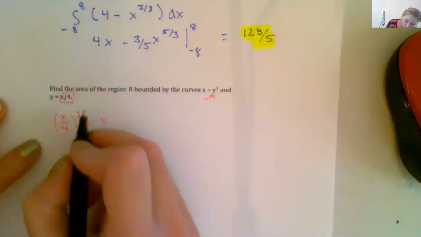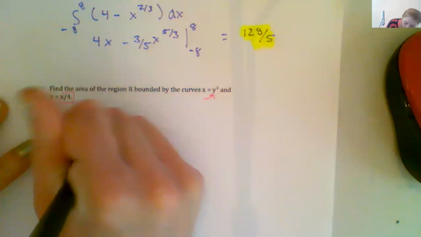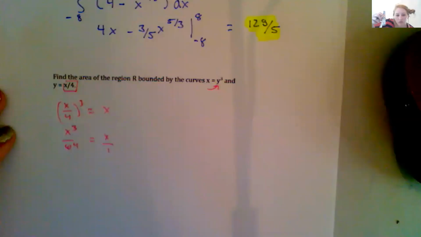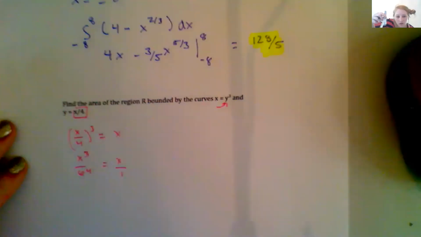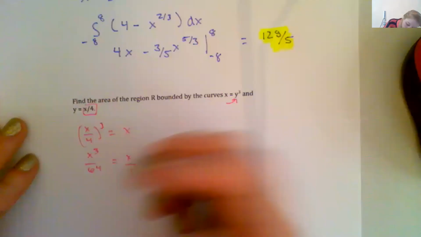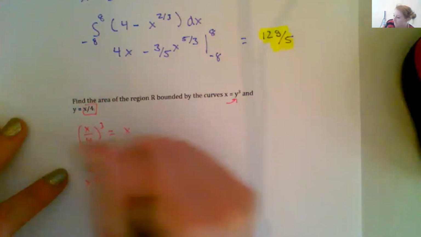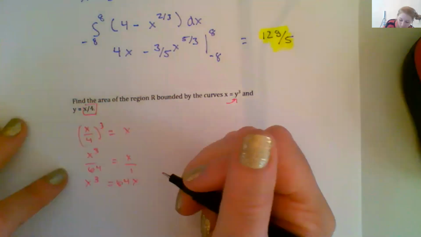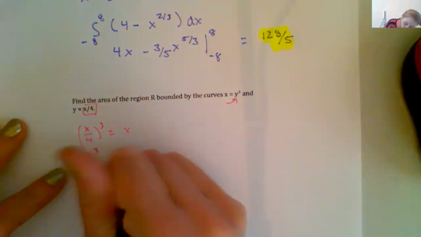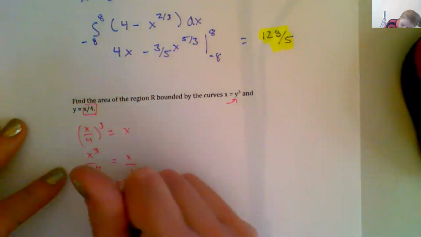So then I went ahead and brought in the cube. So I got x cubed over 64 equals x. Put this over 1 and we can cross multiply. A little blurry. Let me see if I can. That's better, right? So then we get x cubed equals 64x. Okay. And then if I subtract that over to be with my x cubed, I can then factor out.